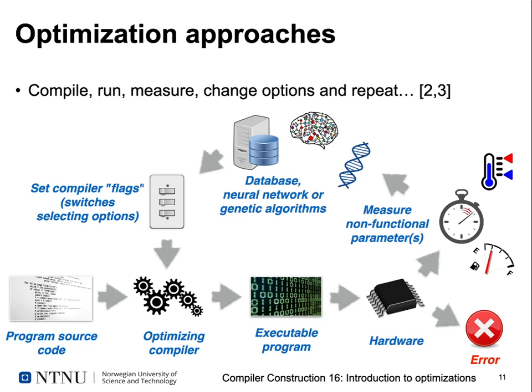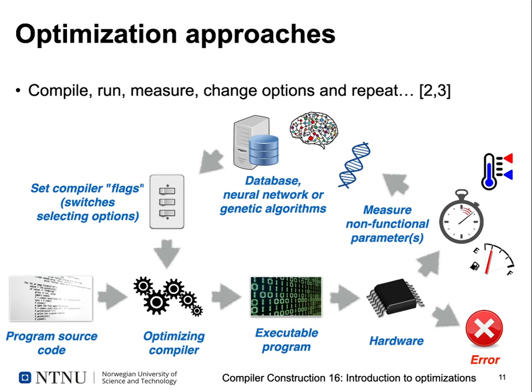So for example, you can use genetic algorithms, you can use neural networks, or just a simple database, for example, that has cases from different compilations of different programs, so a large database, to decide actually what to change in your compiler process. And this compiler process, as we've seen, can be influenced by switches like this O0 and O3 switch.